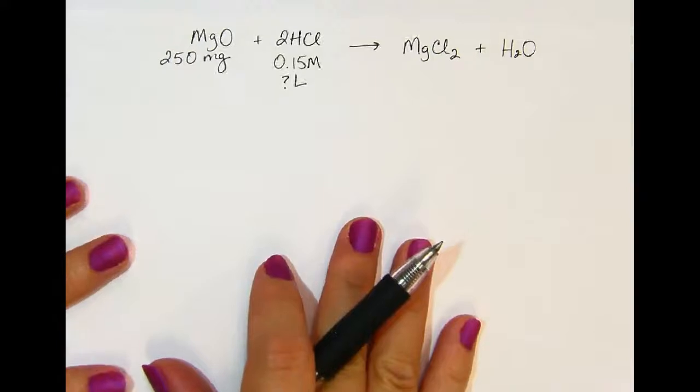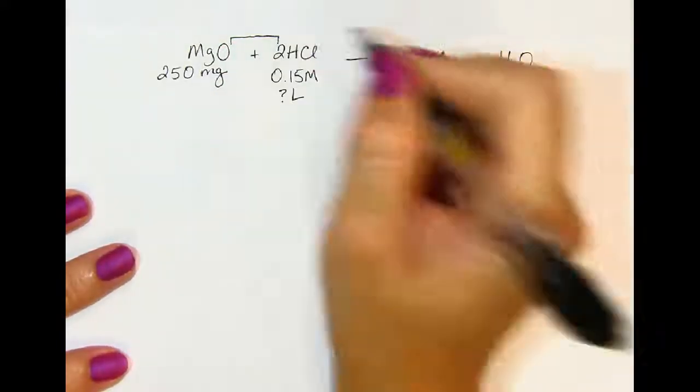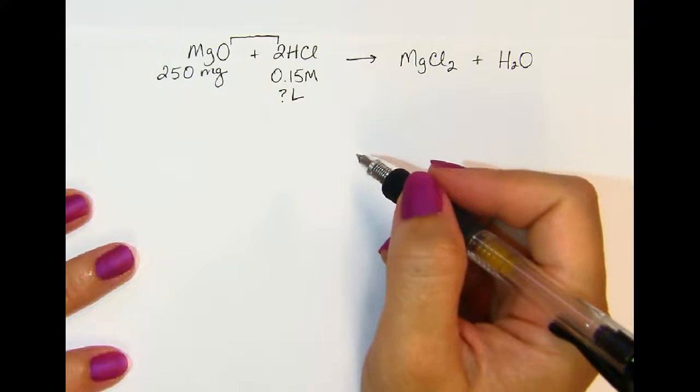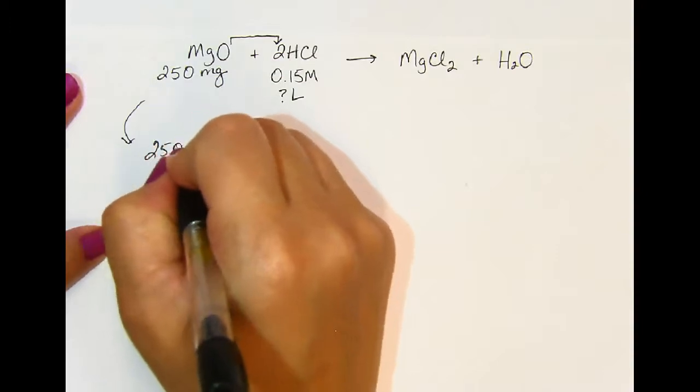So what we want to do, it's a Stoich problem, so we're going to have to Stoich from magnesium oxide to hydrochloric acid, and in order to do that, we're going to need moles. So we want to take this 250 milligrams, and we want to convert it to moles.